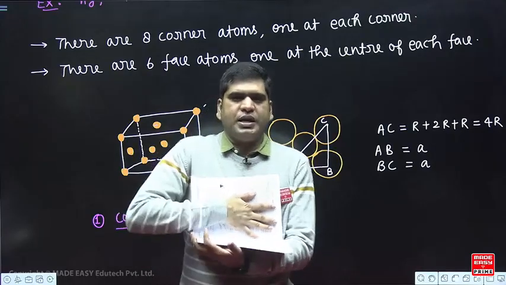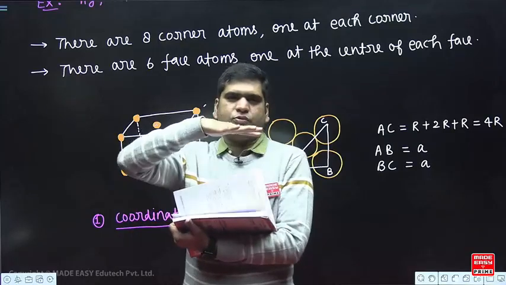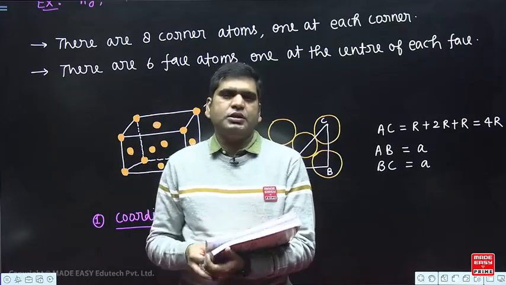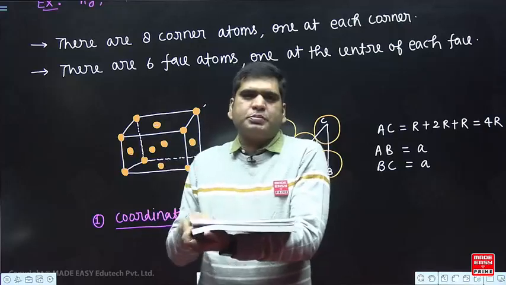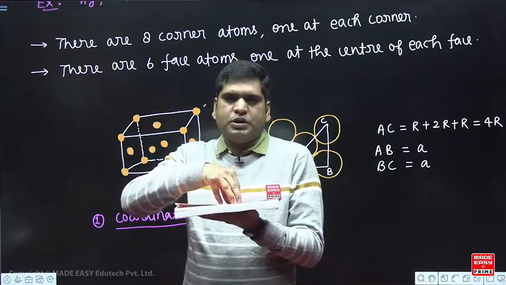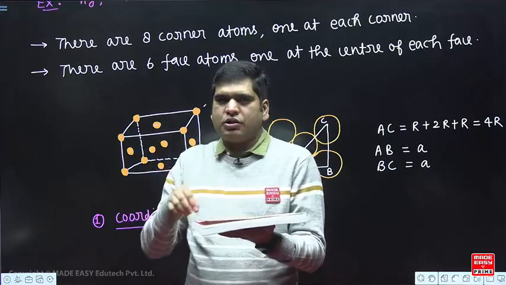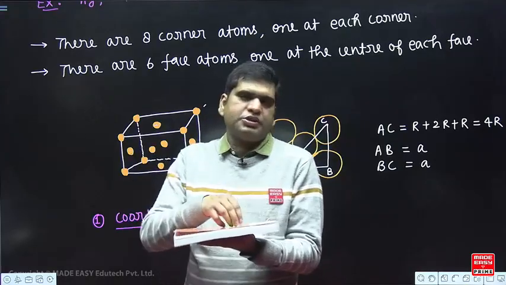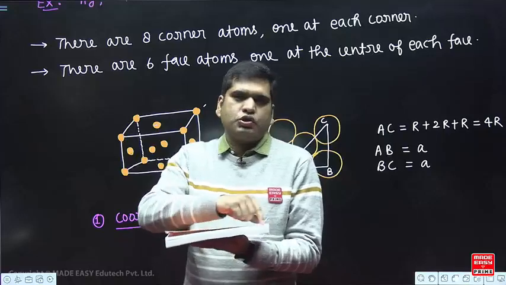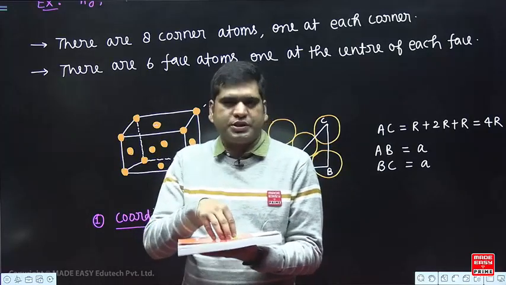There would be one dimension like this, one like this, one like this, one like this, and one like this on top. Now I am considering this bottom plane. So in the bottom face, you have one face atom. In this plane, you see this corner atom is touching, this corner atom is touching, this corner atom is touching, this corner atom is touching. So there are 4 corner atoms which will be touching this face atom.